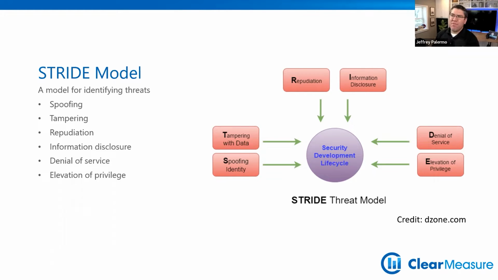But that is a way of thinking about the threats that you may need to design a security feature around. Ask yourself, in what ways could an attacker spoof an identity? In what ways could an attacker attempt to tamper with data? In what way could an attacker do something and then repudiate that it was done, or deny that they were the ones that did it, or make it look like somebody else did it?